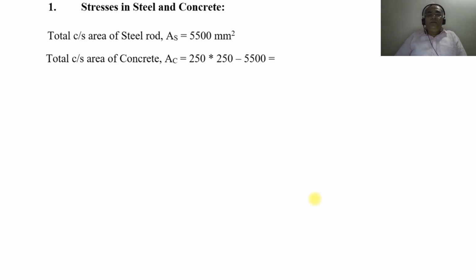So 250 into 250, which is the square cross-section of the concrete, minus 5500, because the steel is reinforced in the concrete. Since we want only the cross-sectional area of concrete, you have to subtract the cross-sectional area of this steel. Once you do that, on simplification, you will get 57,000 mm square.